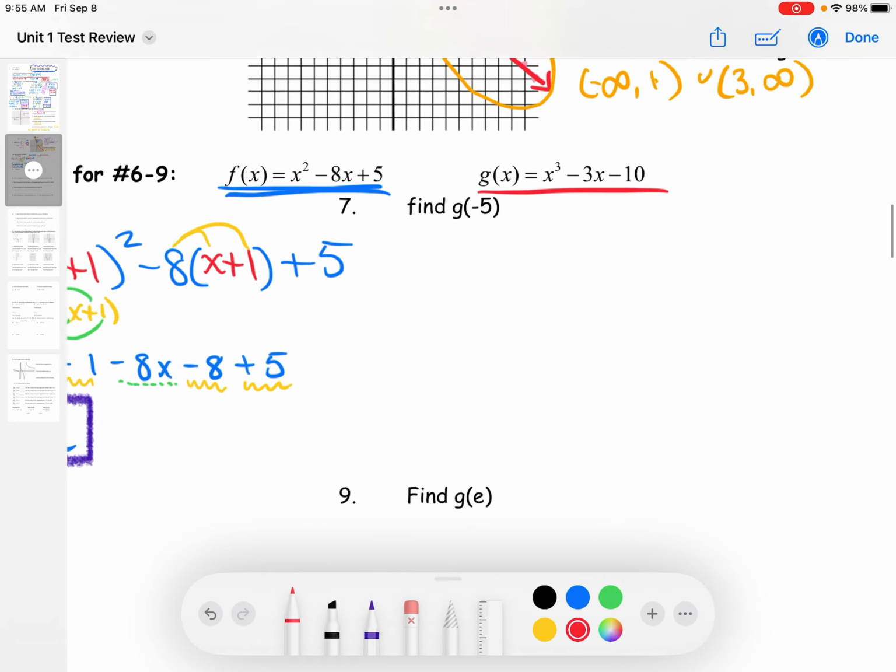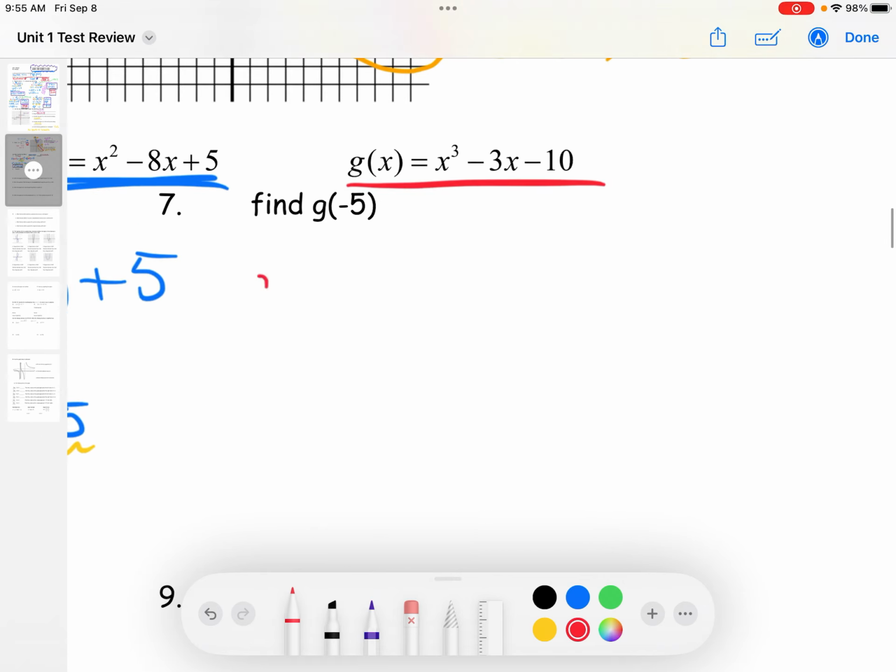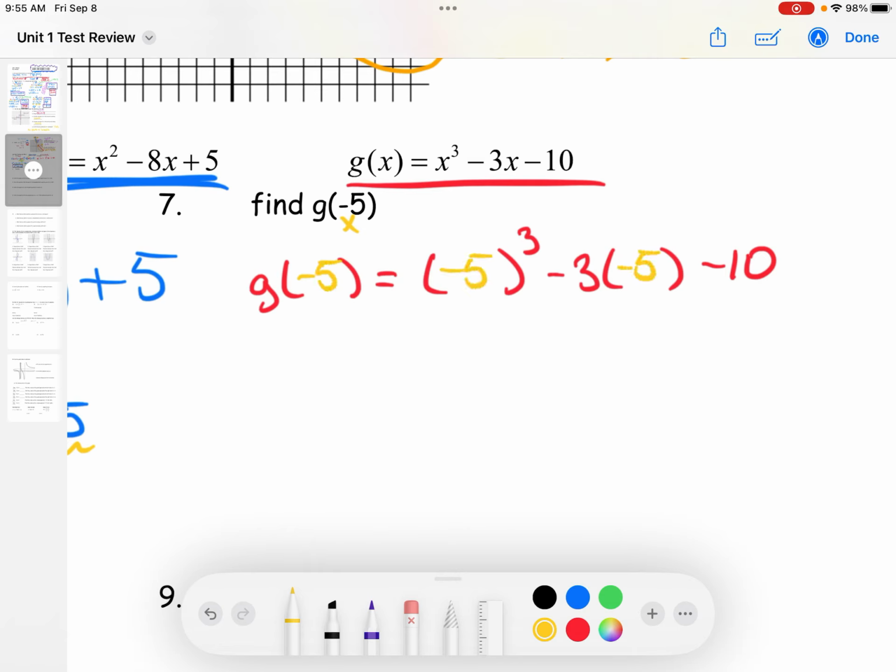Let's take a look at number 7, g of negative 5. Write down the g function with nothing plugged in for x. Just write the whole function down. Then this negative 5 goes in place of all the x's.